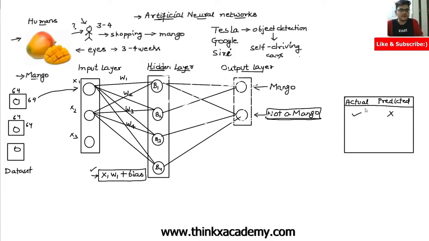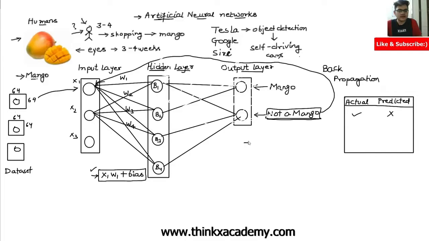So when the prediction is wrong, it will back propagate to the input layer. It will do the back propagation. I'm going to write here back propagation, right? So it will back propagate to the input layer, and it will adjust the weights.